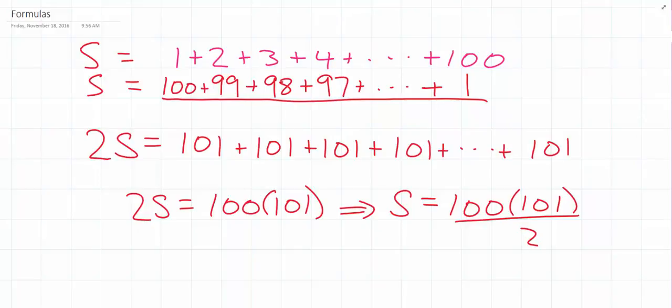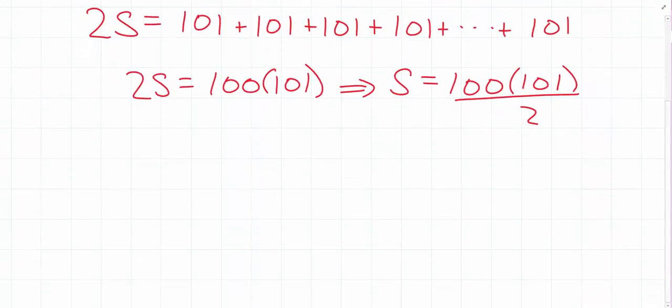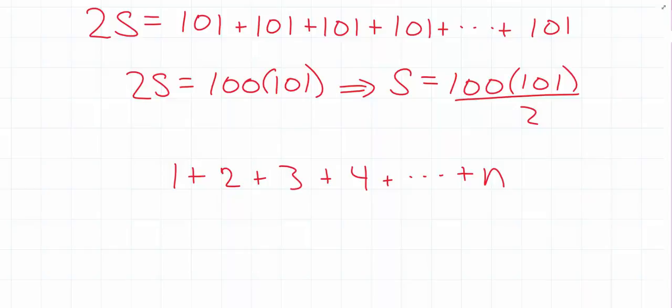So notice we didn't have to add up everything. We were just clever. Now, there was nothing special about 100, adding 1 to 100. I could just do this. I could say, well, I'm going to do 1 plus 2 plus 3 plus 4 all the way out to n. I'm going to add up n of these.